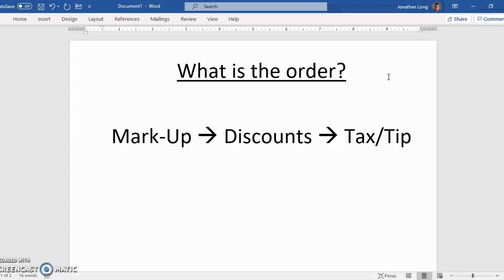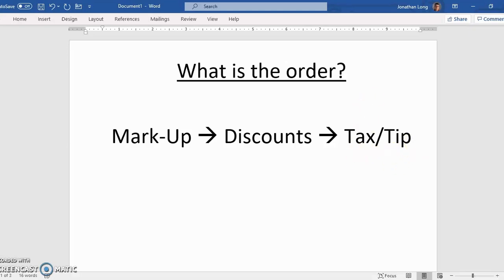It goes through the markup phase first until it actually gets to the store. From there, if there is a discount being applied, that would come next. So discounts would happen after we know what we truly owe for the item, and that's when tax and/or tip would come into play.